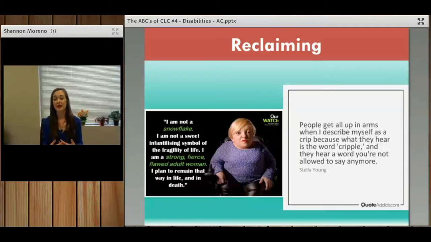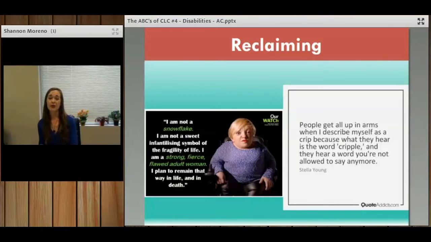This is her deciding to take a word that has a history of negativity from the beginning. Cripple is, again, one of those words that was never created in a respectful manner. It's from Old English with the imagery of persons with disabilities creeping along. That's the roots of that word. And she's taking it back, and she's kind of owning it.